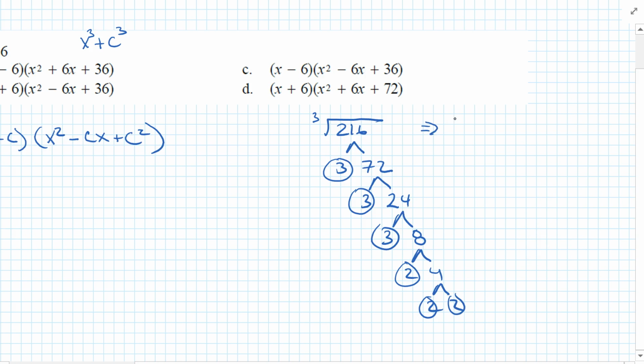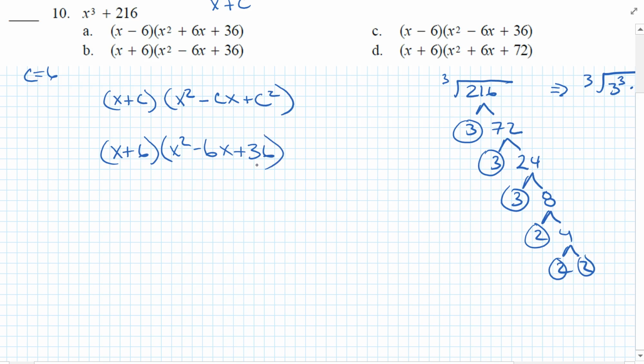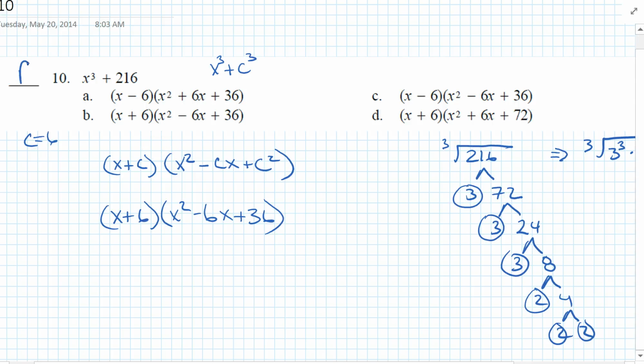So that's the same thing as the cube root of 3 cubed times 2 cubed, which is the same thing as 3 times 2, which is 6. So the cube root of 216 is 6. So my c value is 6. So it would be x plus 6 times x squared minus 6x plus 36. Answer is B.